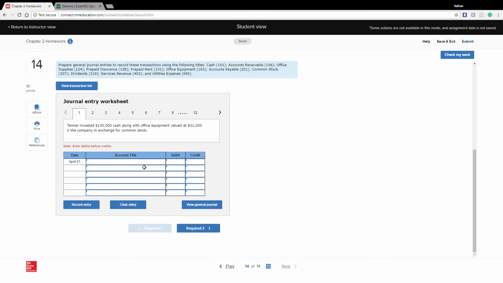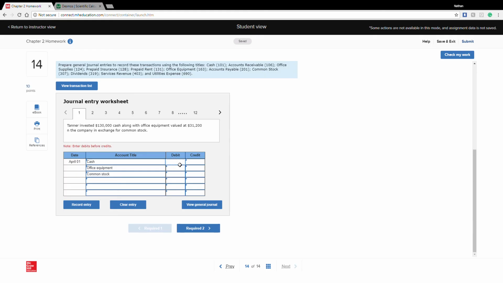So first one, Tanner is going to invest $130,000 cash along with office equipment valued at $31,200 in the company. Notice I is missing. The company in exchange for common stock. So again, we're going to have cash, office equipment, and common stock.